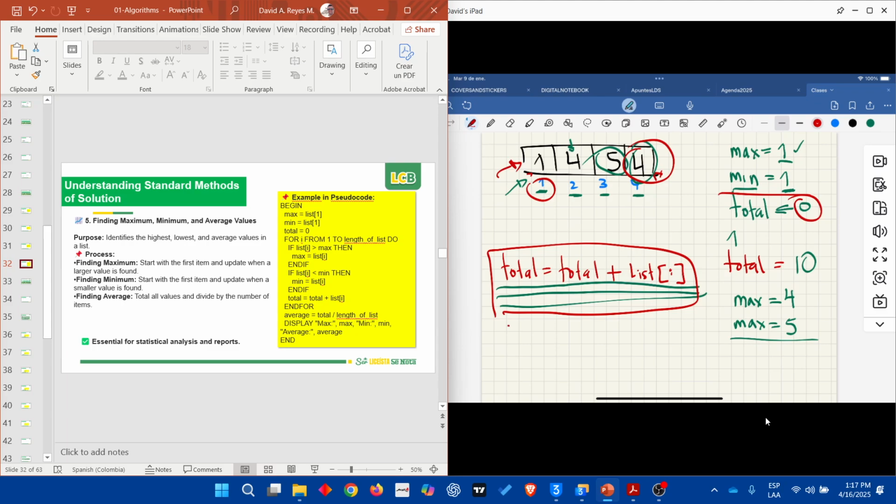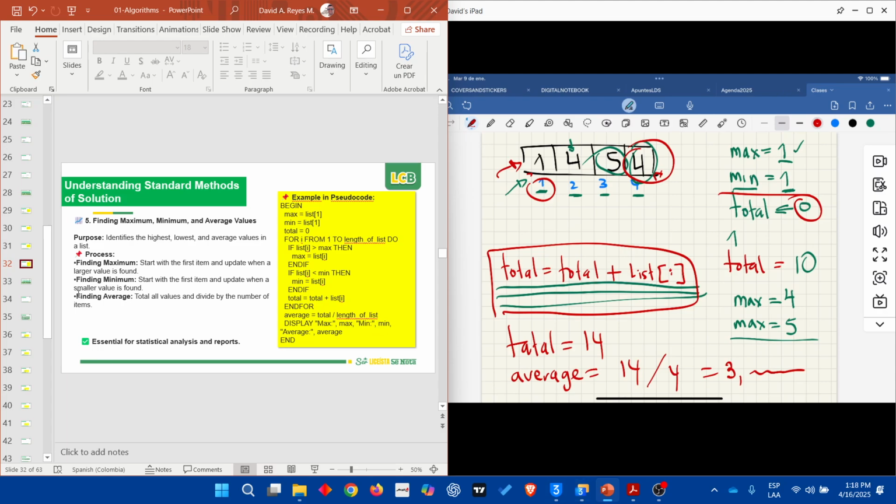So that means that total at the end is going to be equal to 14, and the average is 14 divided by 4. So what is the result? 3 point something. This is the average. Okay, so this is another method of solution, finding the maximum, the minimum, and the average in a list.